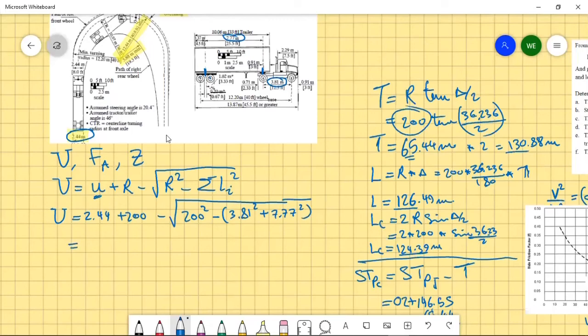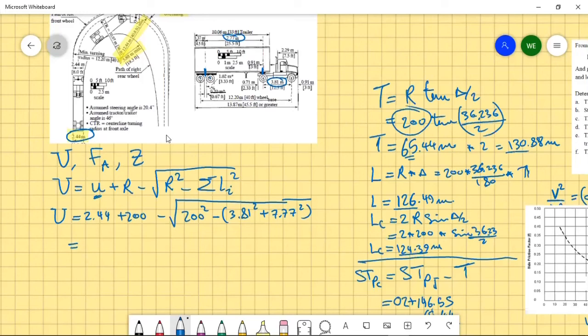So the width for this truck on that curve will be as following: 2.44 plus 200 minus square root of 200 square minus 3.81 square plus 7.77 square.